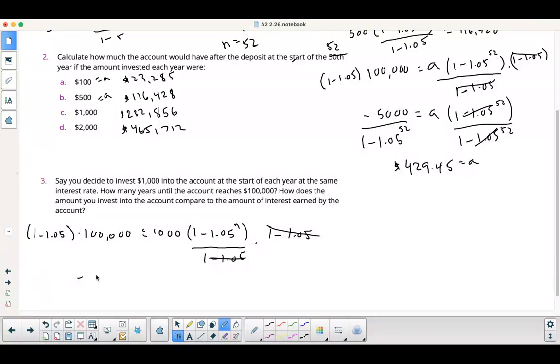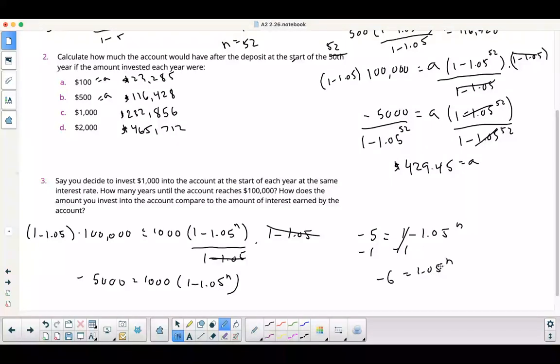End up with negative 5,000 equals 1,000 times 1 minus 1.05 to the n. Divide by 1,000. I get negative 5. I can minus 1. Negative 6 equals 1.05 to the n.